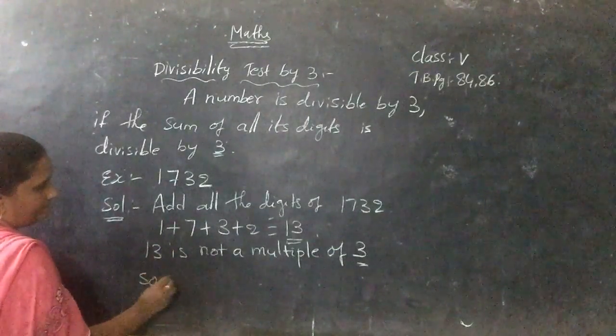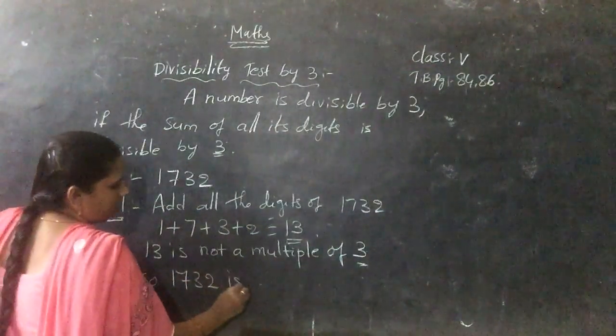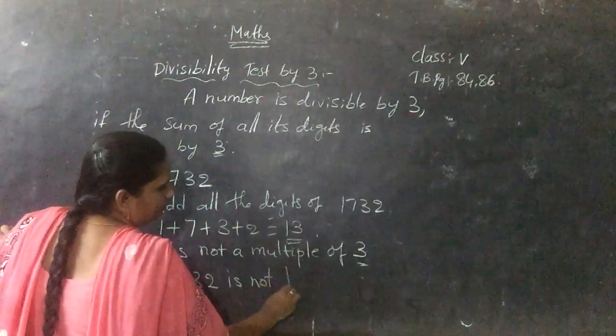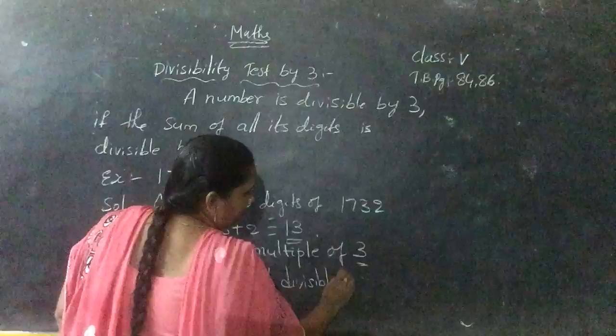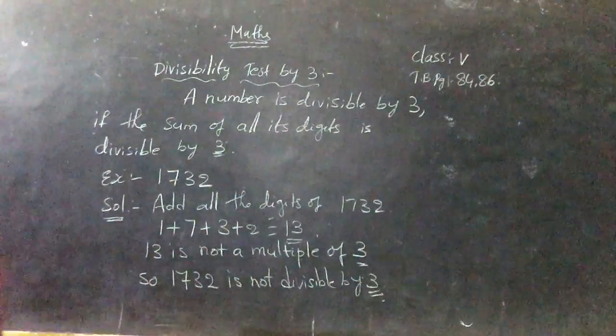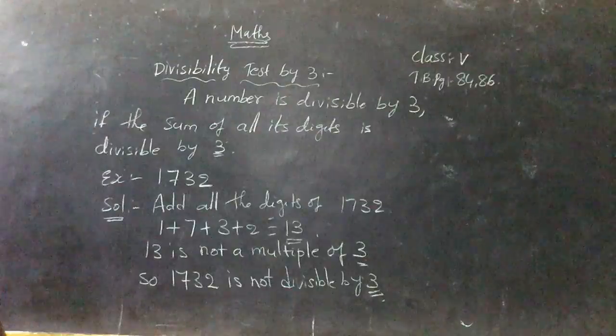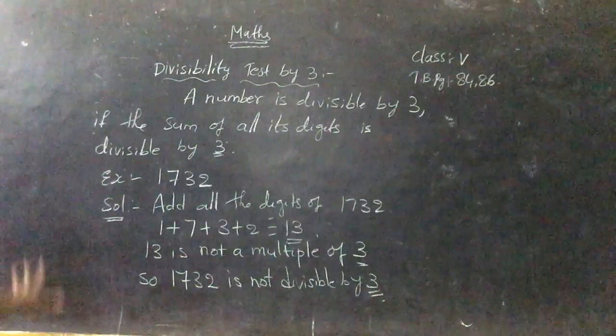So 1732 is not divisible by 3. Remaining all sums also you have to do like that only. However big the number will be, you have to follow the same process.